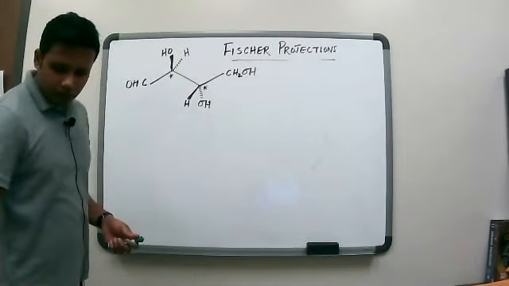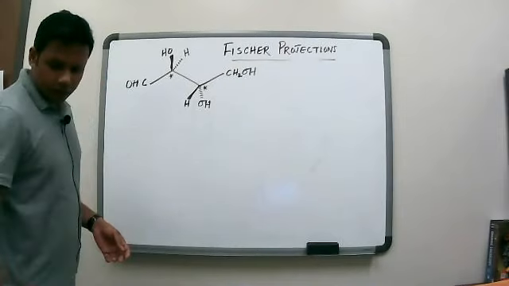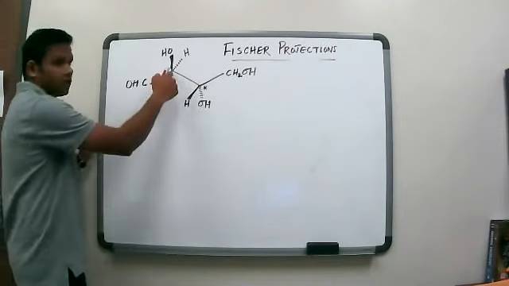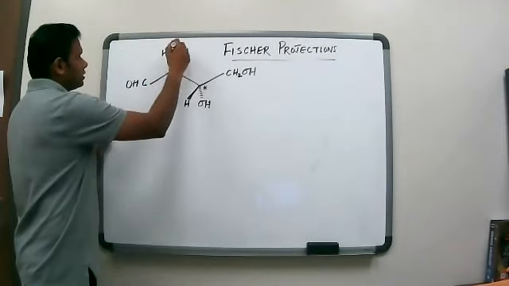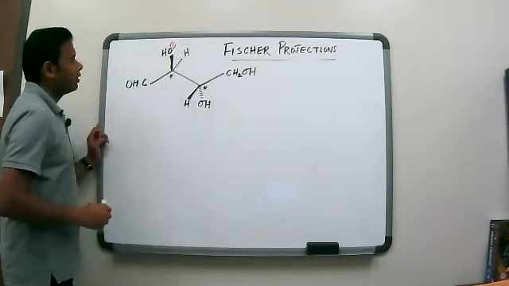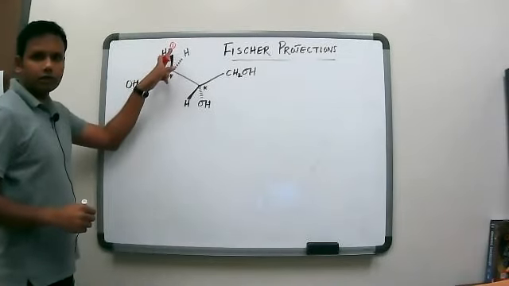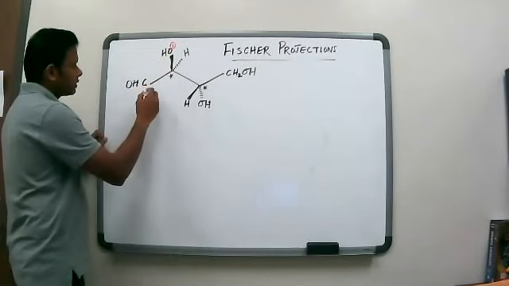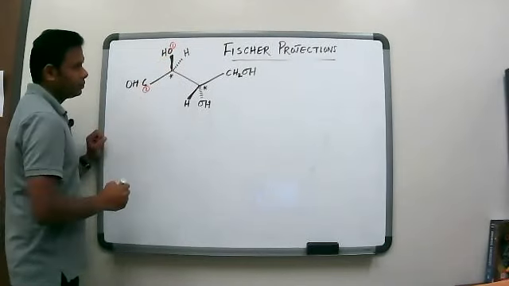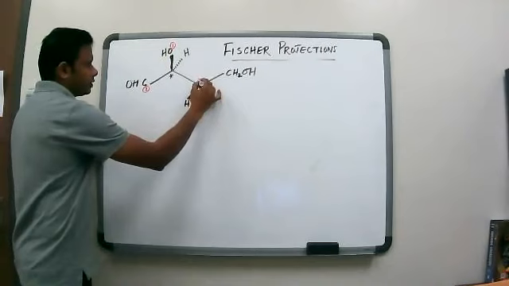Okay, so for the first chiral center here, if I were to assign configuration for this chiral center, again in this scenario, the oxygen that's connected to the chiral center is 1, that's the highest priority group. This carbon here is going to be 2. This carbon is 3.